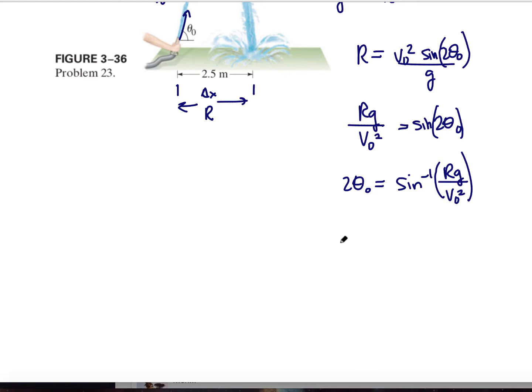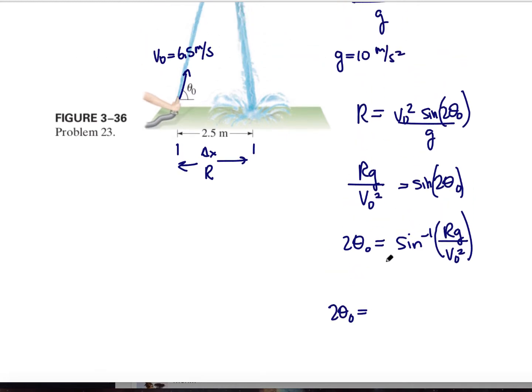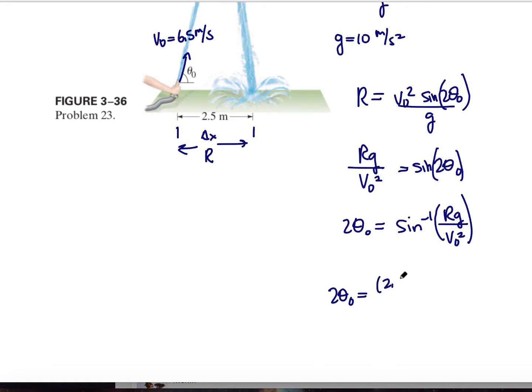So let's go ahead and plug in some values here. So 2 theta equals, we have r, which is 2.5, times g, which is 10, over my initial speed of 6.5 squared. Oops, I actually forgot the inverse sine part, so let me rewrite that. So inverse sine of this is equal to 2 times my initial angle.